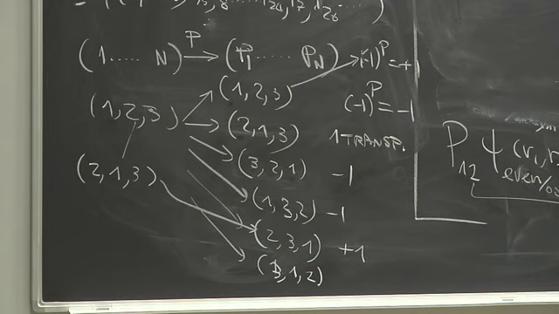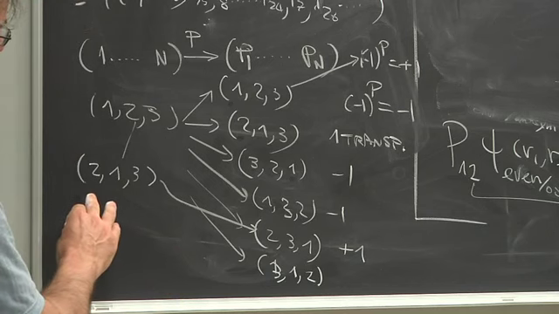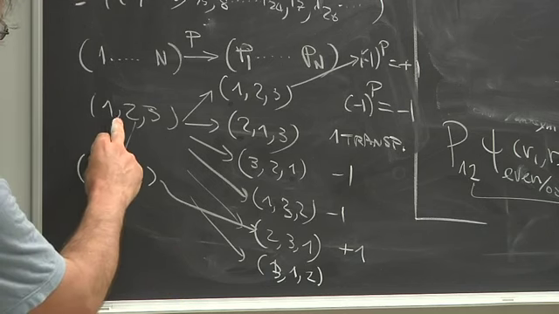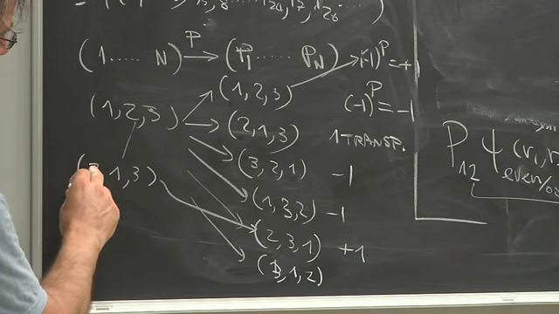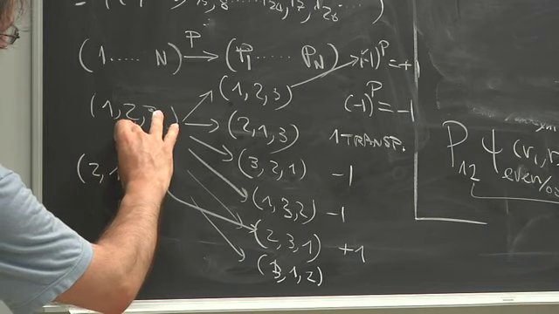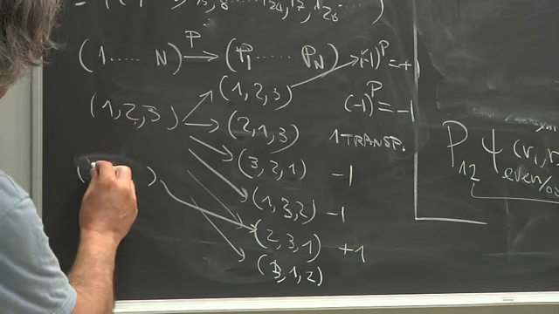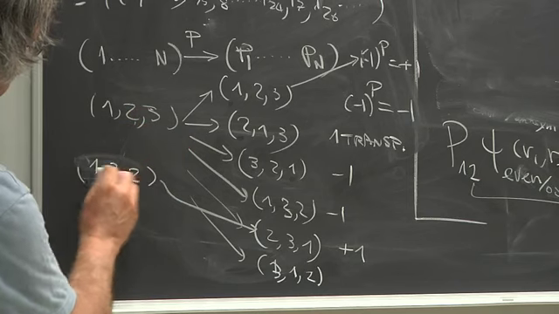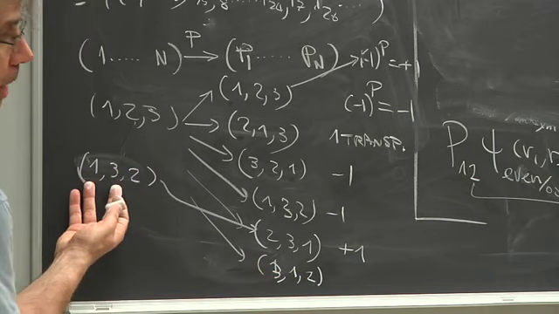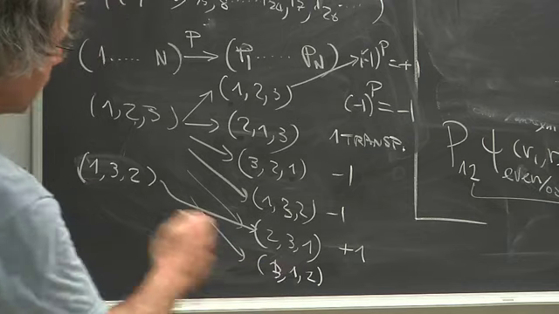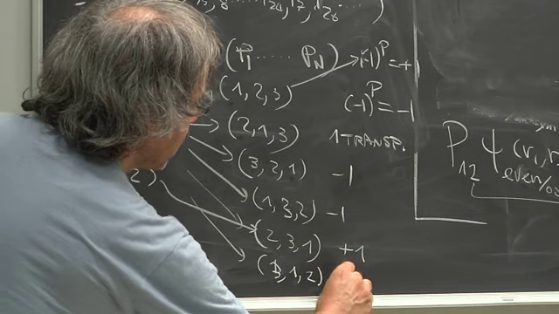Let's see the remaining one. You can take from here and exchange 3 and 2, going to 1, 3, 2. Then the 2 is fixed, and you do an extra step by exchanging this 2, and you go to 3, 1. So again, 2 transpositions bring you to this permutation, and therefore the sign is +1.